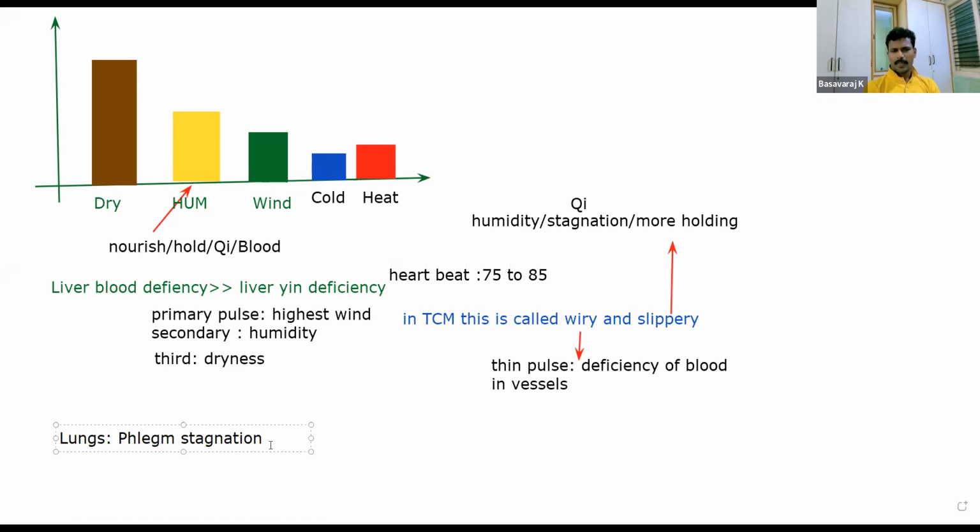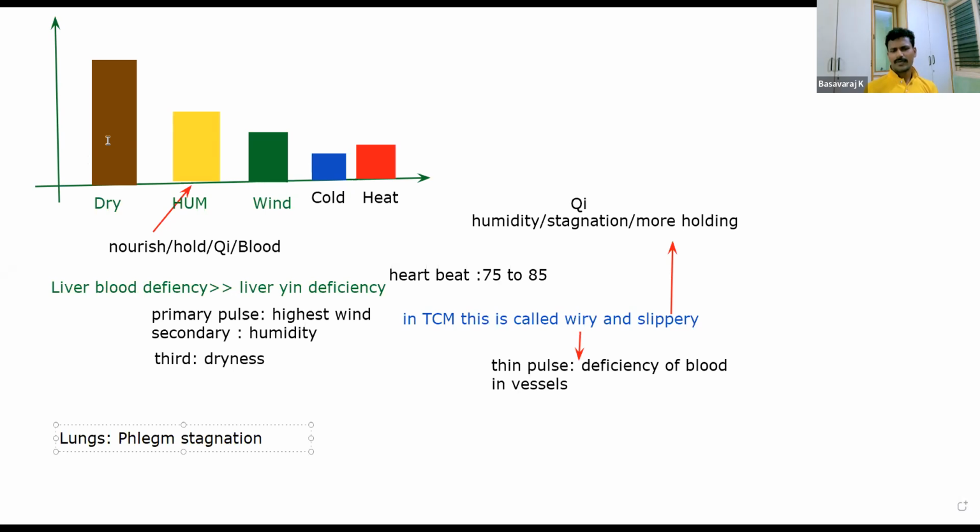Because humidity is responsible for digestion and food metabolism, so high humidity means definitely a disturbance in the digestion system. The food is not properly converted into chi or blood. The undigested food converts into phlegm or mucus, so it goes and stagnates in the lungs, because the lung is the energy associated with the humidity now.